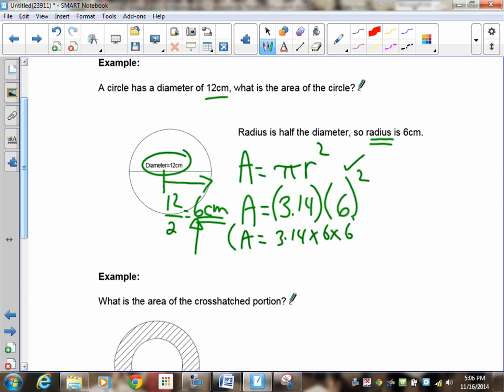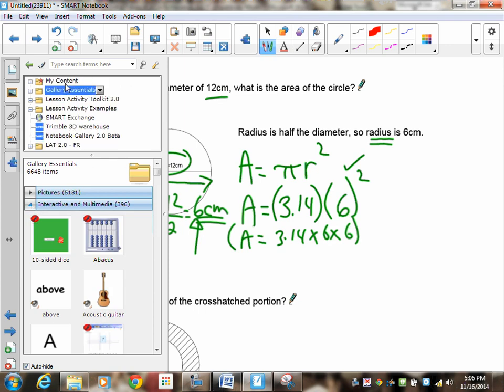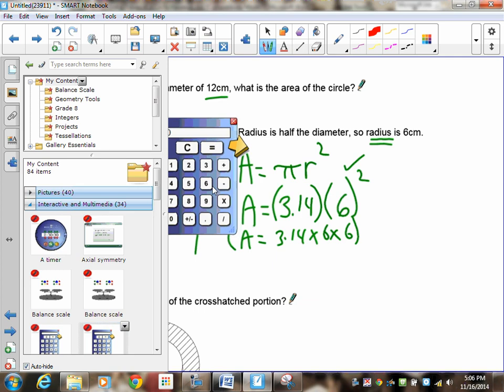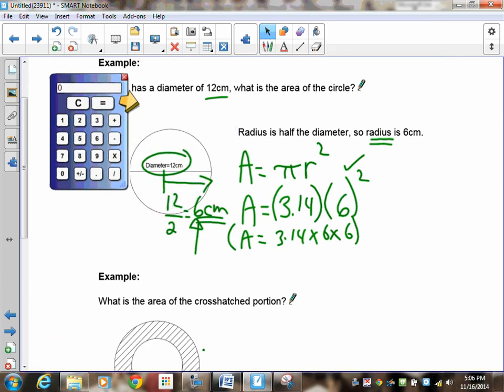Now I'm not going to be marking that. That's just going to show you how to get it. So when you take 3.14 and multiply it by 6 and then by 6 again, let's grab our calculator. So how does this work out?